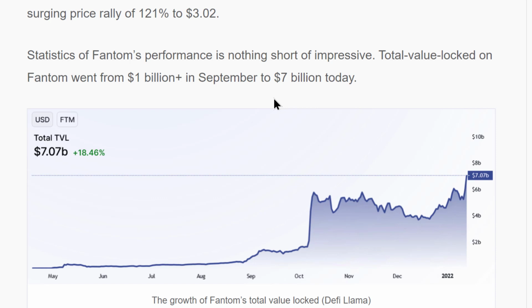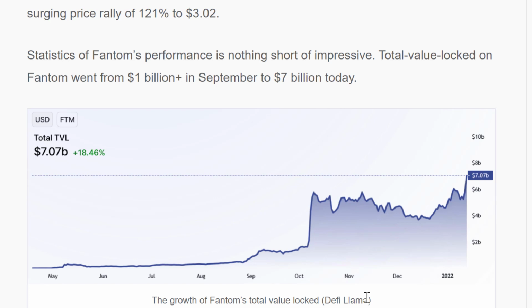And so these projects that are sitting on top of the Fantom protocol are providing various features and yield opportunities for the end user. And it looks like they're attracting more and more capital from the end users in these applications that are riding on top of the Fantom protocol. It looks like we hit a new high of 7 billion here.